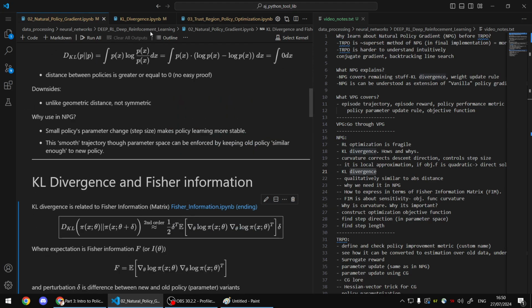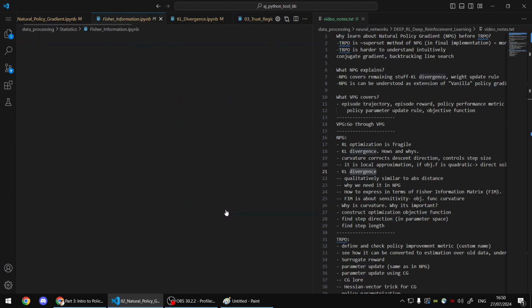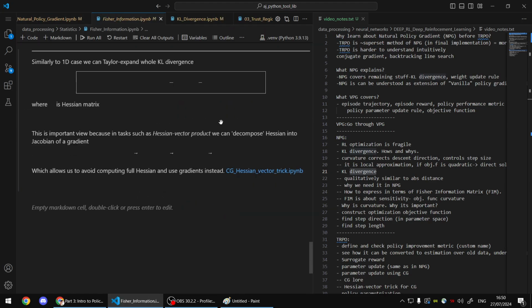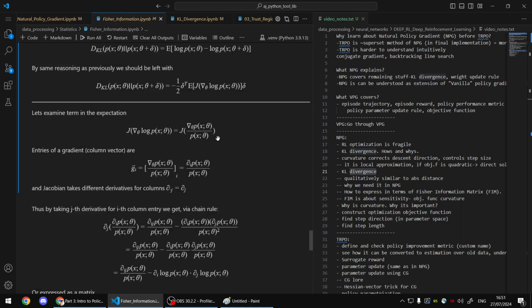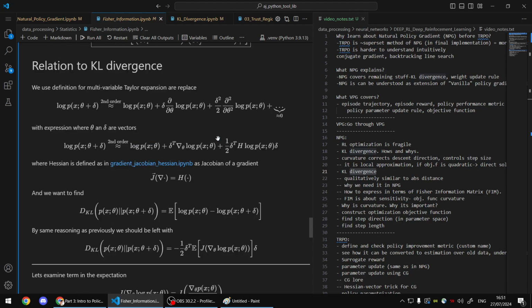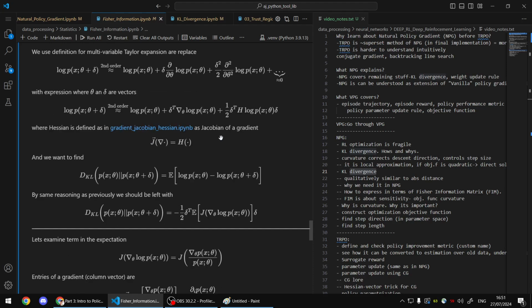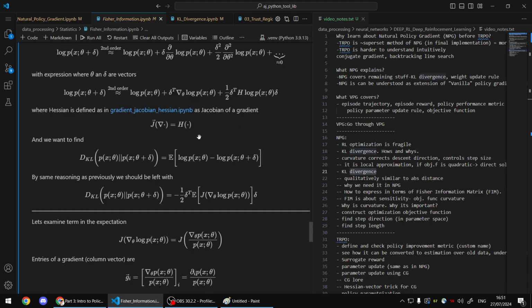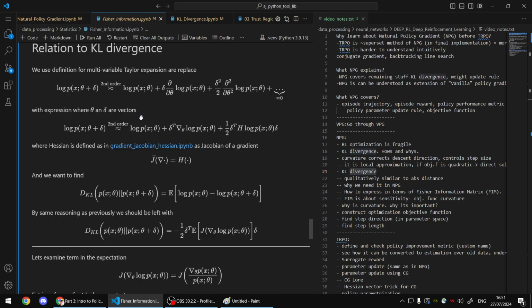Okay, we were on Fisher information. So what I try to do is basically repeat the same thing, and the same stuff will cancel out. The linear term, each term is a derivative with respect to something, will cancel out.